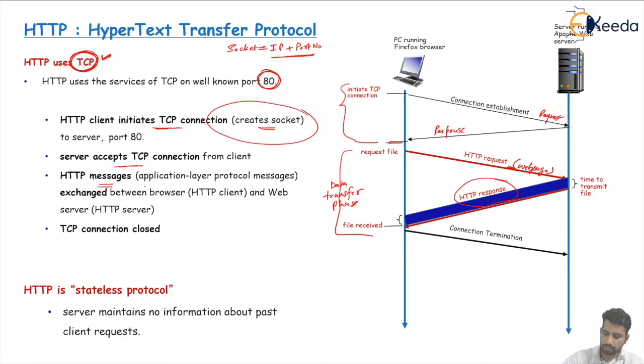These are HTTP messages between the browser of your computer, that is your HTTP client, and the web server, that is the HTTP server. After this, you need to close the connection, and the connection termination phase will take place. That's why we say HTTP is a TCP oriented protocol, using the TCP services by setting up the connection and terminating the connection after the data transfer.